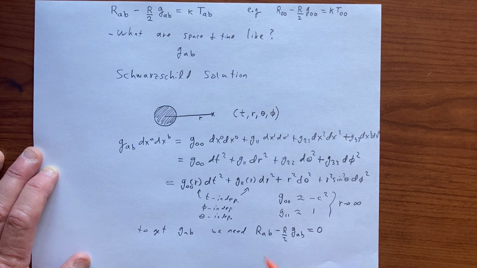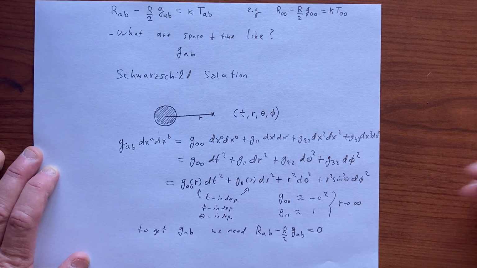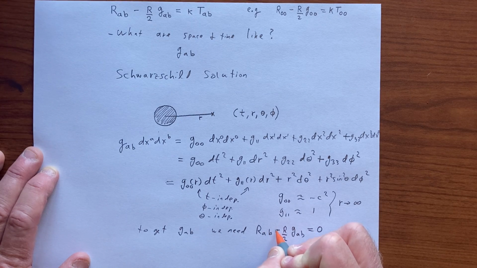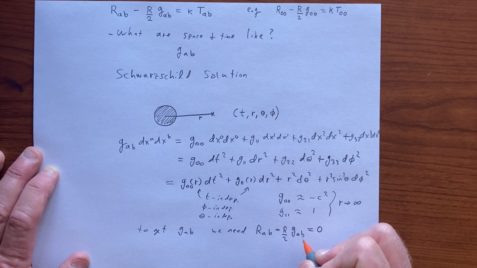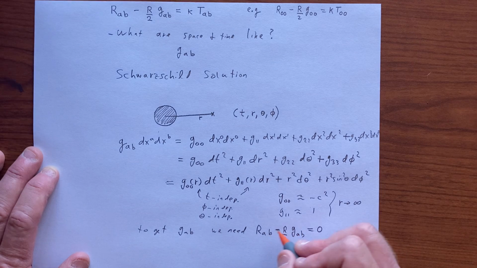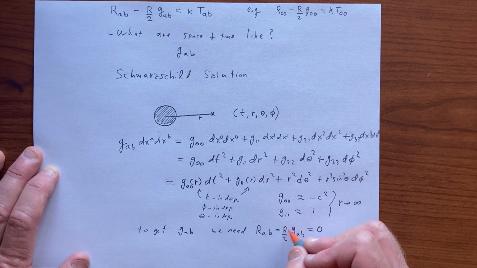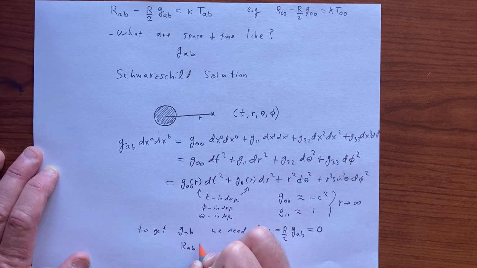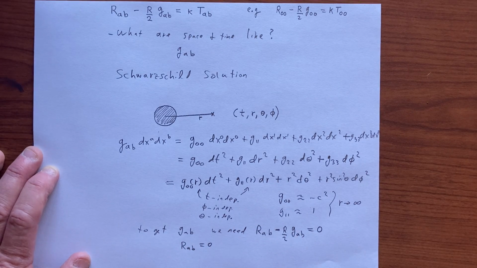If we're outside, then there is no matter and energy, no energy momentum. Out here, we're in a vacuum. The equation reduces to that. Here's where the metric appears. It turns out that this term goes to 0. I guess we can evaluate it explicitly. It'll basically be R_AB equals 0. That's the system of equations that we need to construct.